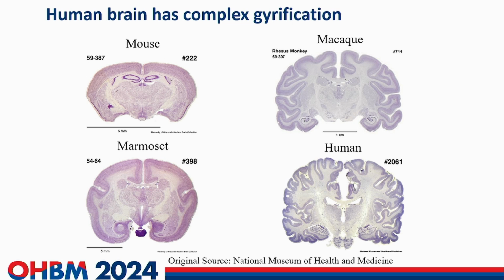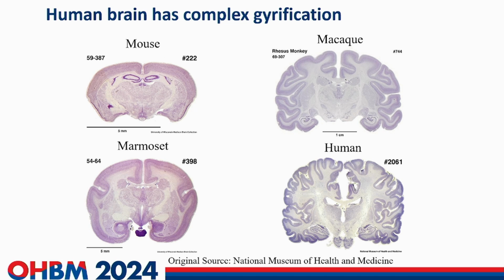cerebral cortex. Here is a cartoon of anatomical images of four animal species: mouse, marmoset, macaque, and human. You may notice several differences between them, except for the scale bar. But one of the biggest factors you can easily notice is the different complexity of the gyrification. Rodent brains have a very flat sheet of gray matter, with no sulcal folding.